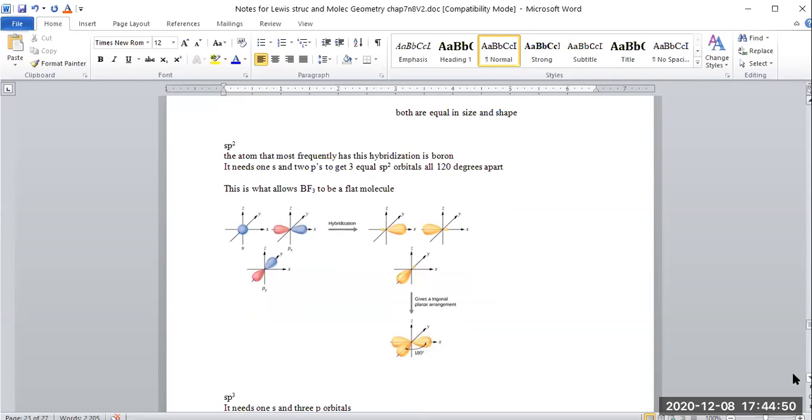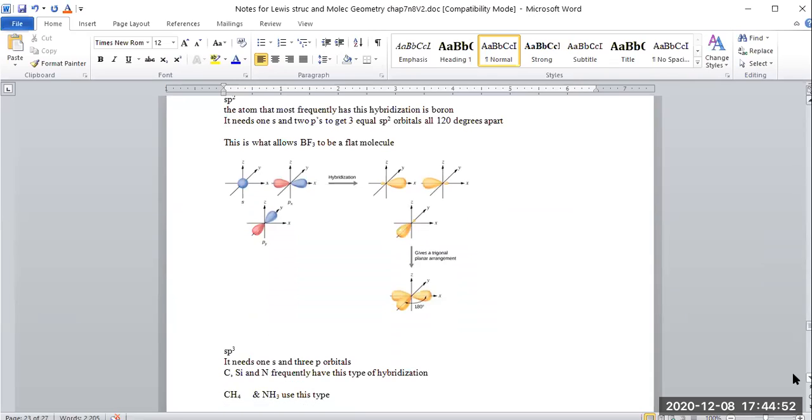Let me scroll down a little bit further here. If you look at the yellow pictures there, you see a tiny bit of the yellow orbital on the opposite side of the axis. It looks like it had a leak. And then you see a big portion of the orbital along the x-axis.